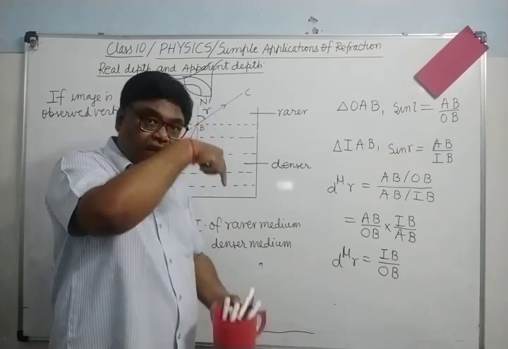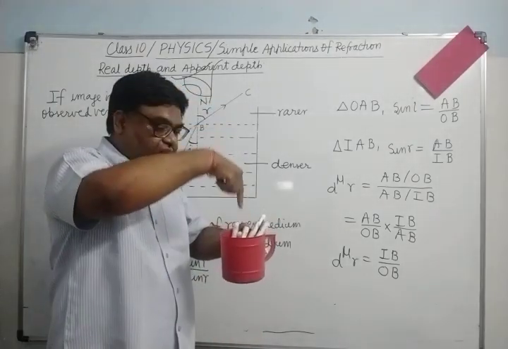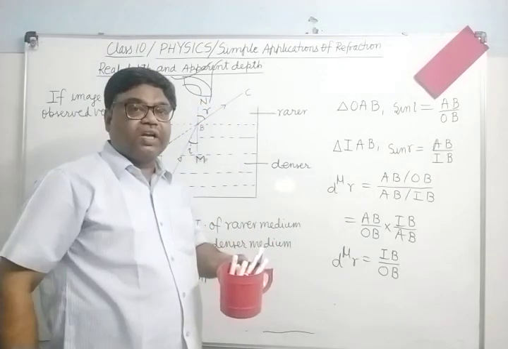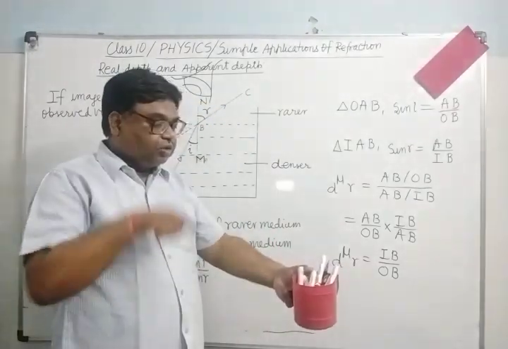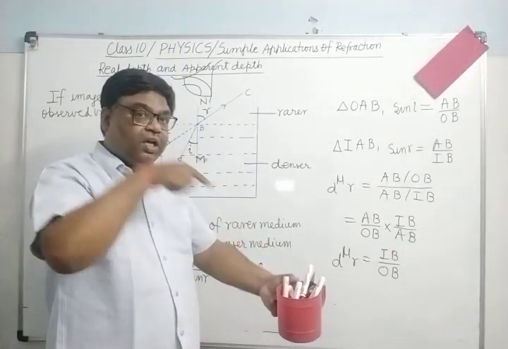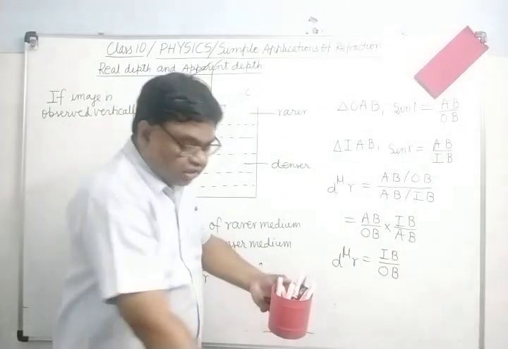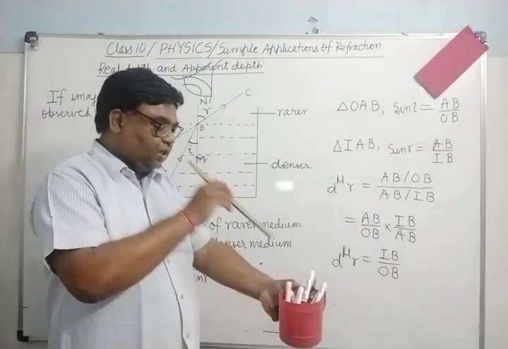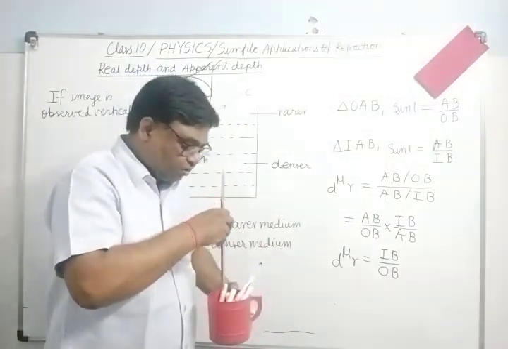It's clear. Our line of sight is vertical. We can observe slantingly also. Our line of sight at this moment is in the slanting direction. Now at this moment it is vertically down.